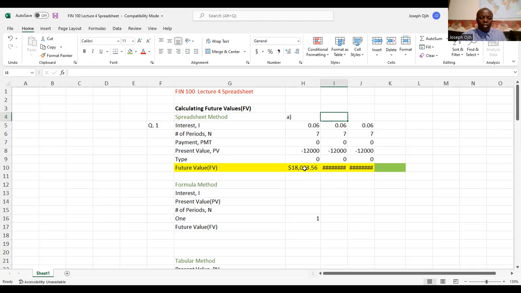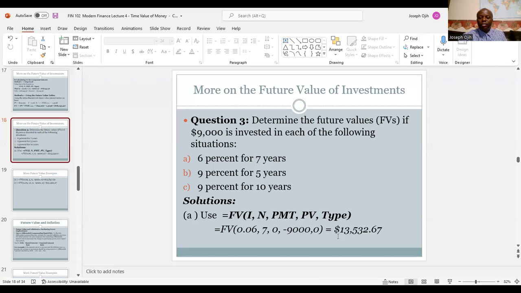Watch this, because we have already done this, the formula has been embedded, so we don't have to start calculating. As we put in our numbers, it will recalculate for us. So 7 years, no payment, and the amount this time is negative 9,000. You can see the answer is $13,532.67, which is here.